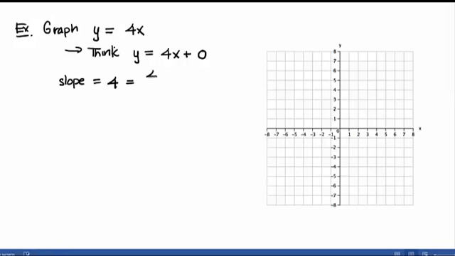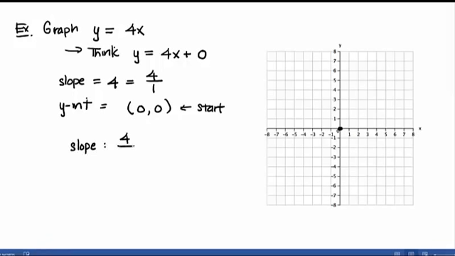4, right, or 4 over 1. My y-intercept is now 0, 0. And again, this is where I start. So I'm going to actually start at my origin, right there. And then what does my slope tell me to do? Slope is 4 over 1. So 4 means up, since it's positive, 4.